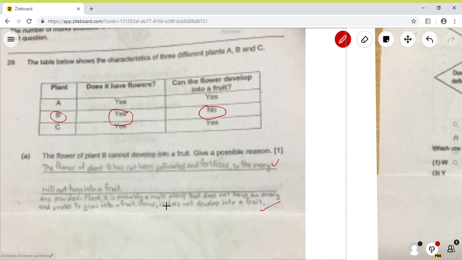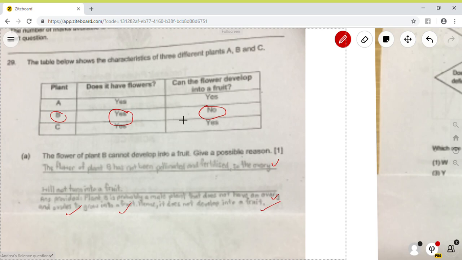I think they are referring to the fact that it's just male, so that particular flower is a male flower. To be more precise, the flower has only male reproductive parts. So it does not have an ovary and ovule, so it cannot grow into a fruit. Oh, okay.